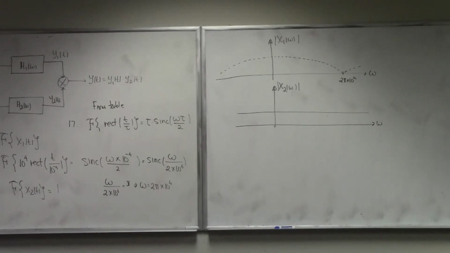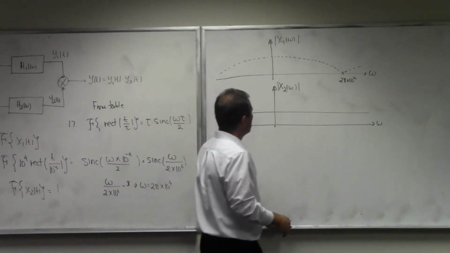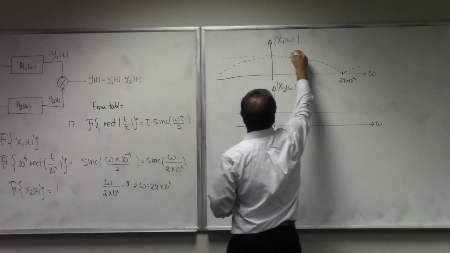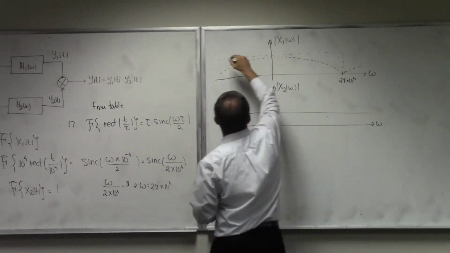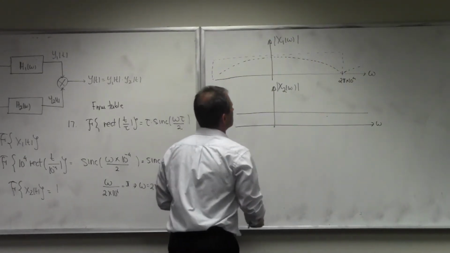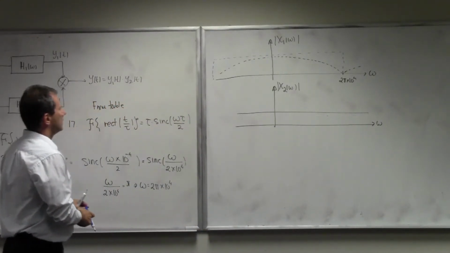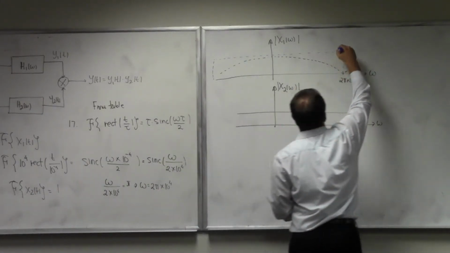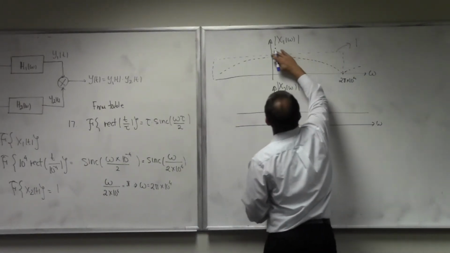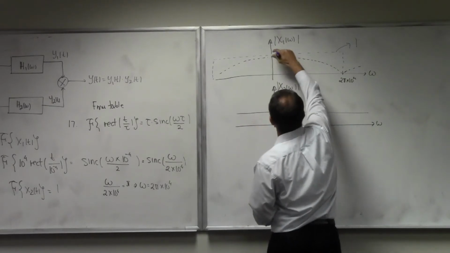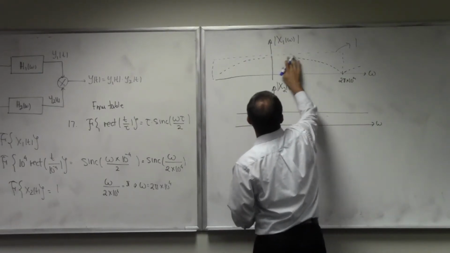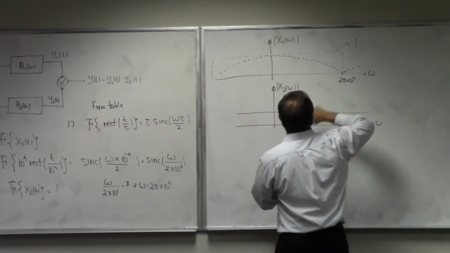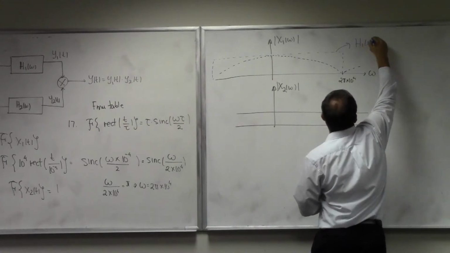If I were to plot this, the first one looks like this, cutting exactly like this, and they both go through 1 here. So this is H1 of omega.